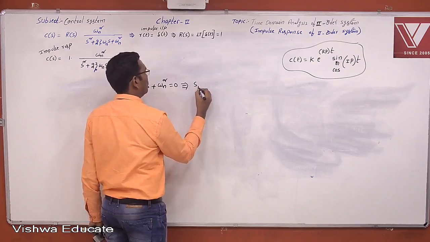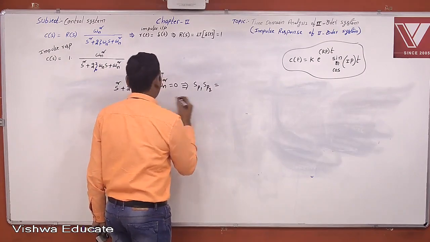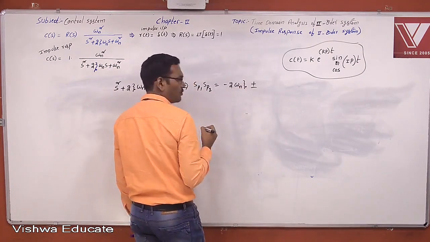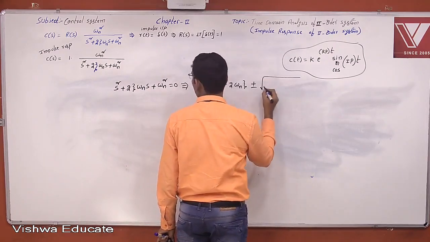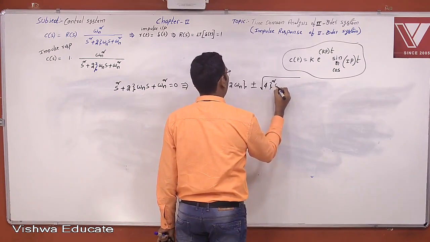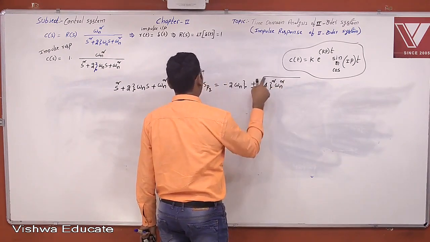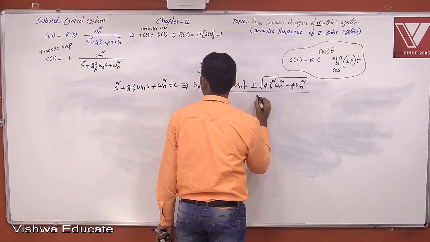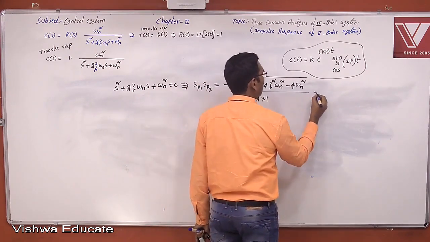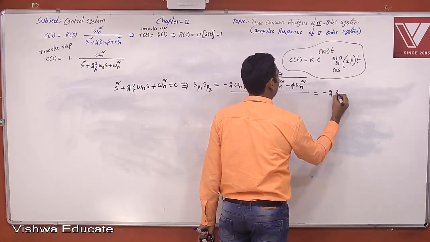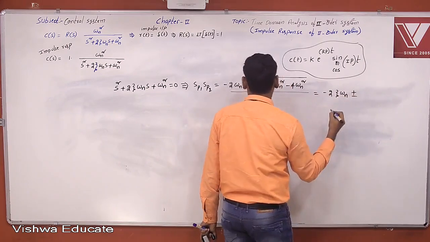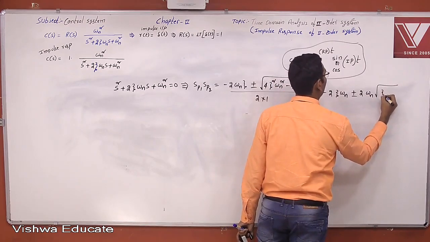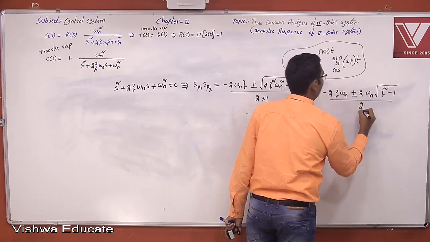The roots are minus b plus or minus square root of b square minus 4ac by 2a, which is minus 2 zeta omega n plus or minus under root of 4 omega n square into zeta square minus 1, taking 2 and omega n as common, by 2.